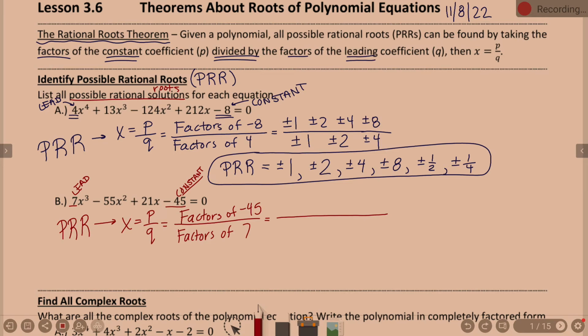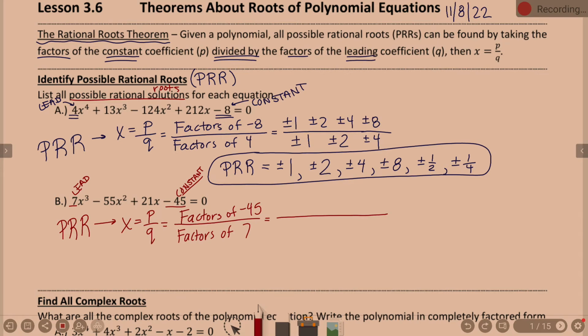What else? 3 and 15? That's probably the challenging pair, if you ask me. You're overlooking an easy one. There's always 1 and itself, right? So 1 and 45. If it's divisible by 9, it has to divide by 3. So 3 and 15. 5 and 9. Are we missing anything?